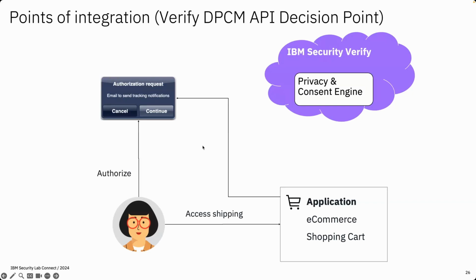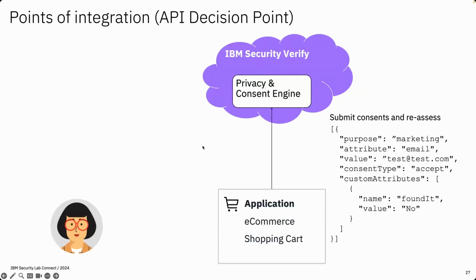In this case, the user approves it and authorizes it, and the application sends that information to the privacy consent engine. The request is approved by the consent engine, and then the user continues to access the system. So that is the second point of integration.